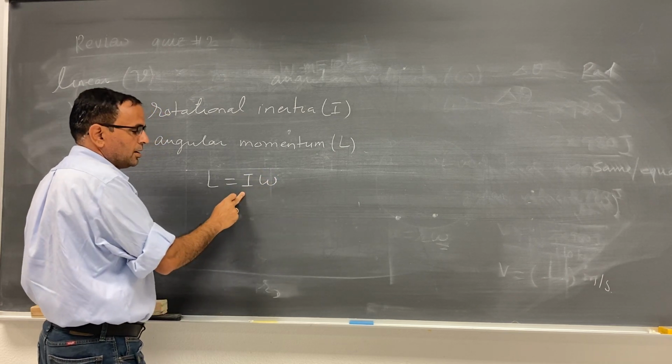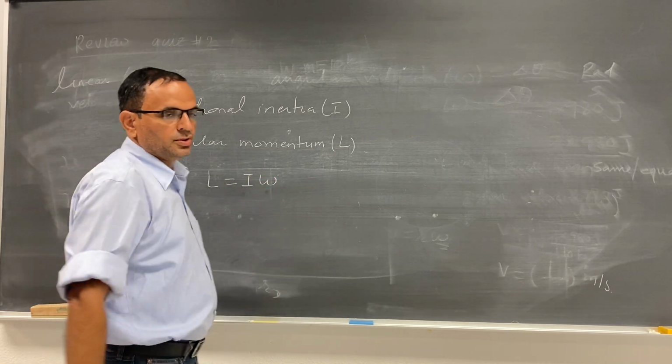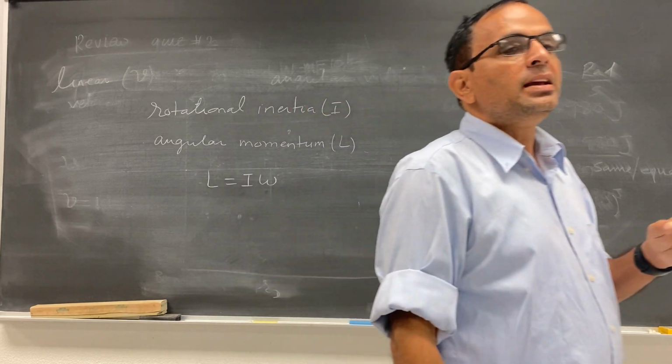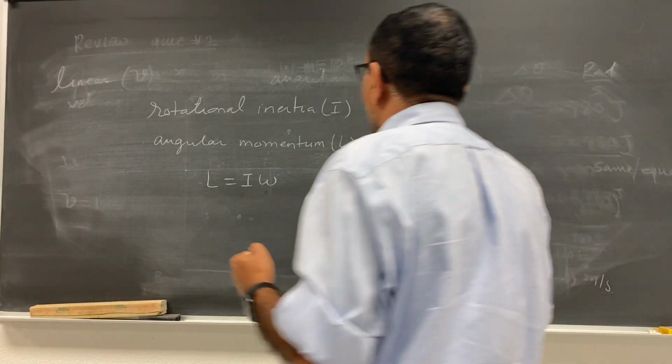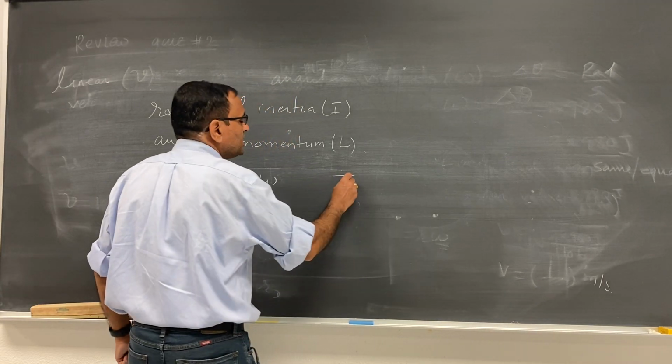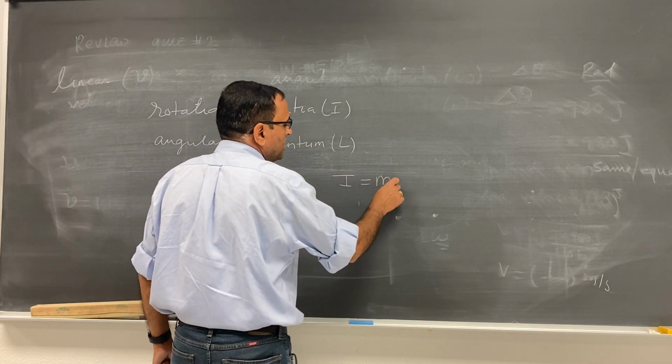I is the rotational inertia, omega is the angular velocity. Rotational inertia is the inability of an object to change the state of rotational motion. Okay, that is called the rotational inertia.